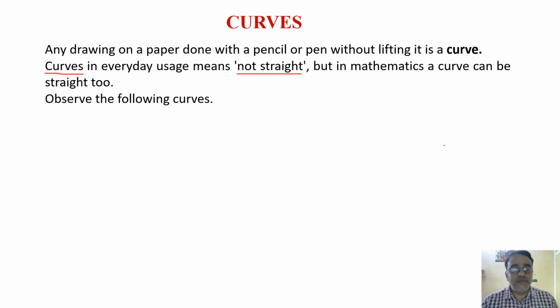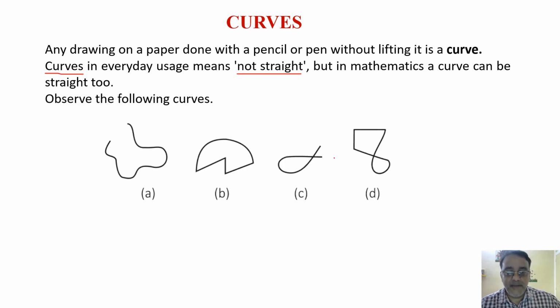So please observe the following figures A, B, C, D, right? If you see these figures, this is not closed. Here, this point and this point are not joined. But this is closed. And what about this one, C? Closed. What about D?